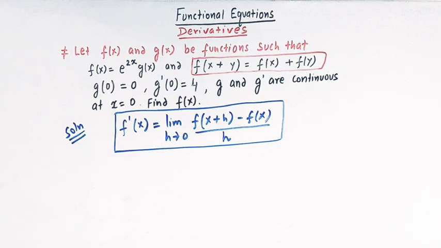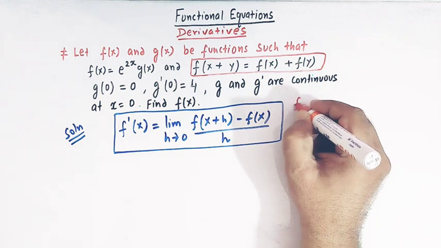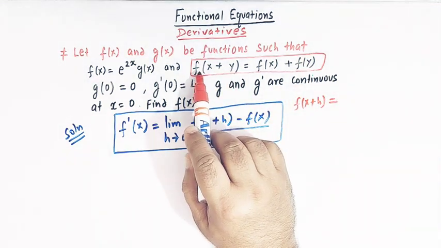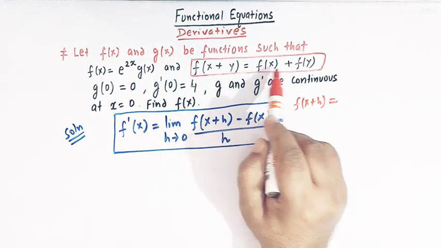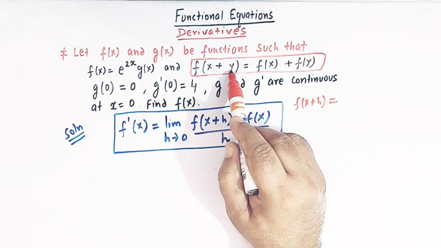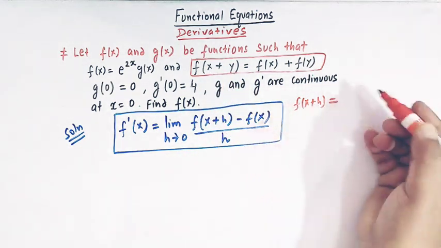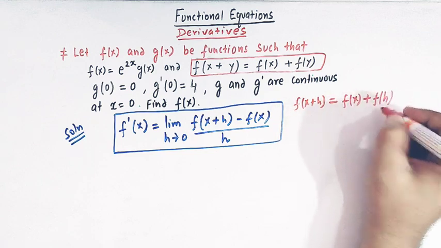Now here we have the term f of x plus h, and here we have the functional equation f of x plus y is equal to f of x plus f of y. So if we replace y by h, then we can write f of x plus h as f of x plus f of h.